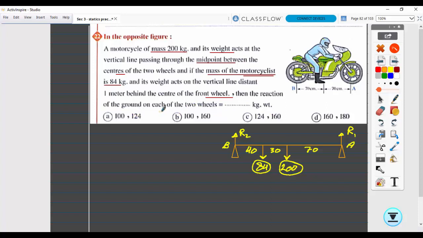So the question is about the reaction of the ground on the two wheels in kilogram weight.